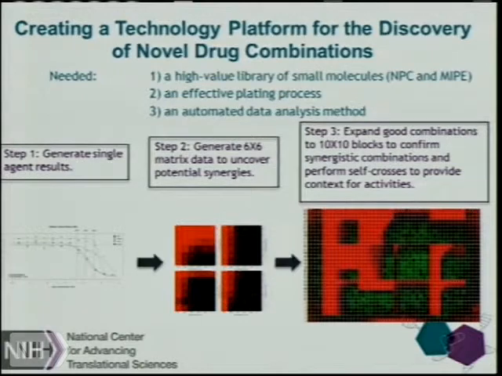So there are, again, several components to this. We need a high-value library of small molecules, either drugs or something we call MIPE, mechanistic investigation plates. So these are libraries of small molecules that have not been in man, they haven't been through preclinical studies, but are very selective based on extensive testing.